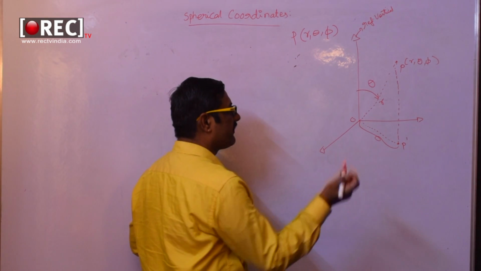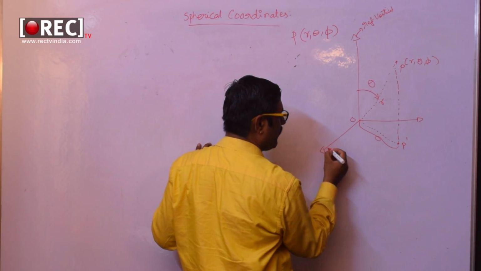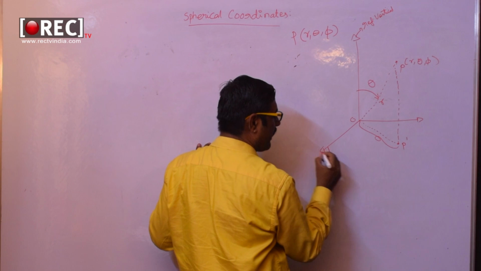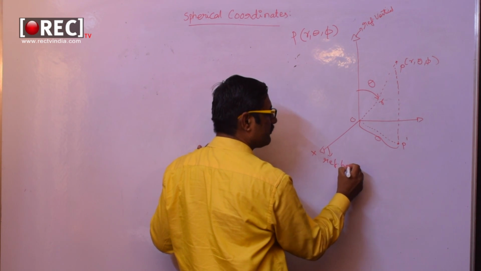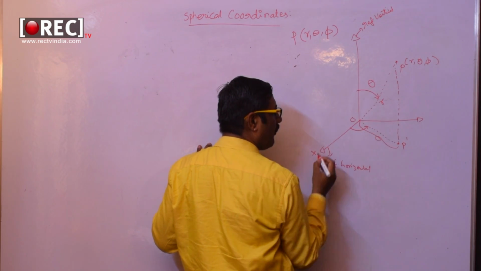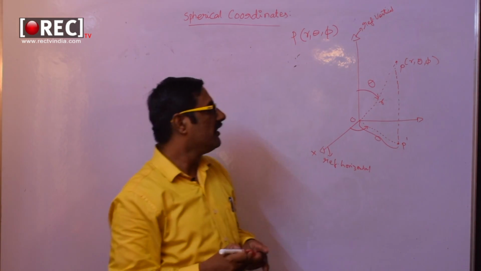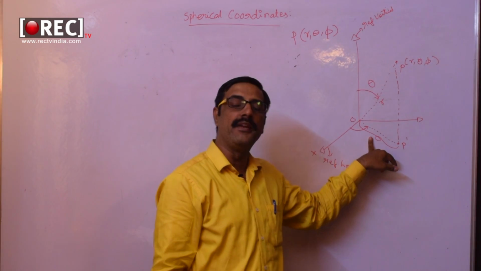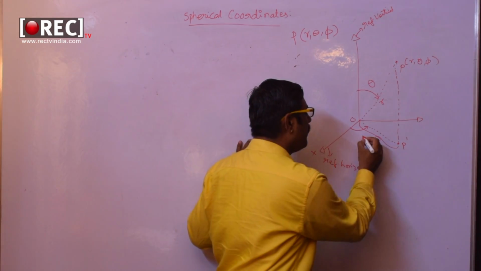Now take this angle, which is the angle made with the reference horizontal. Let me name this x-axis as the reference horizontal. With respect to the reference horizontal, whatever angle is made by OP dash, that angle we are going to call phi.